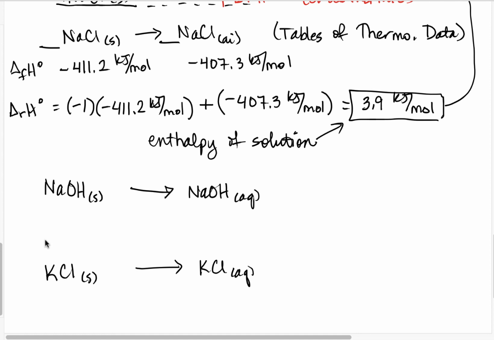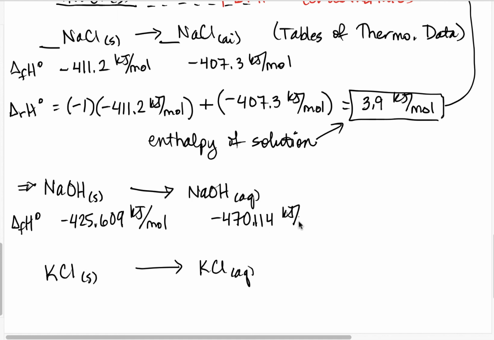All right, welcome back. I'm just going to work through our numbers for sodium hydroxide here. Hopefully you found that our formation enthalpies were minus 425.609 kilojoules per mole from the thermodynamic tables, and minus 470.114 kilojoules per mole for the aqueous.